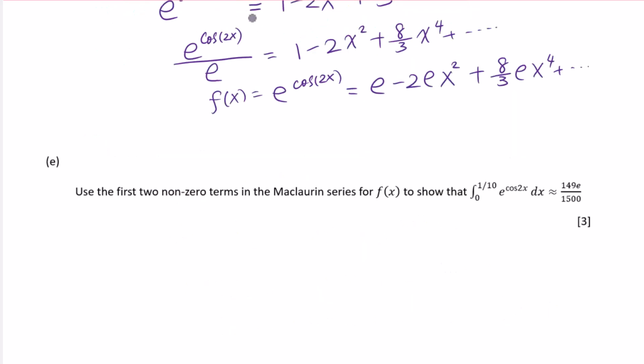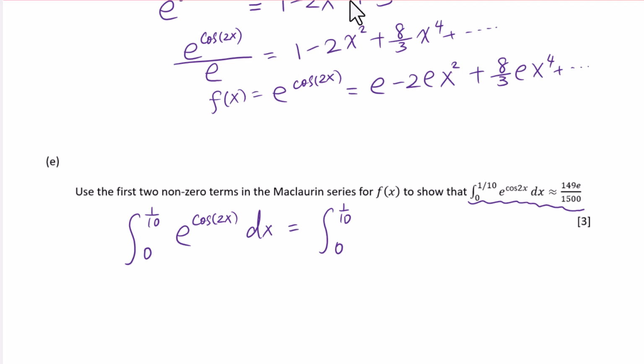Let's go to E. Use the first two non-zero terms in the Maclaurin series for f of x to show that this is approximately 149e over 1500. Integral from 0 to 1 over 10 of e to the power of cosine 2x dx equals integral from 0 to 1 over 10.